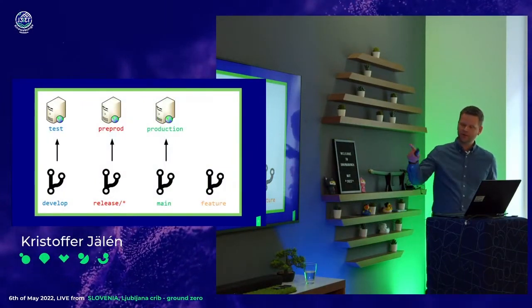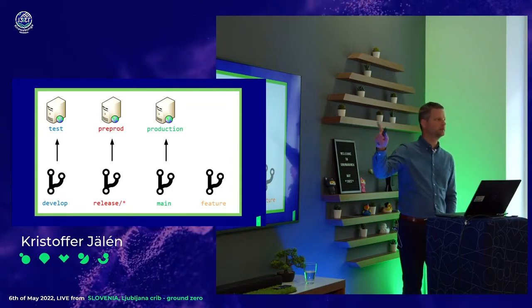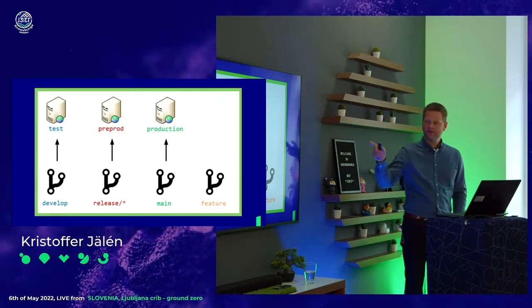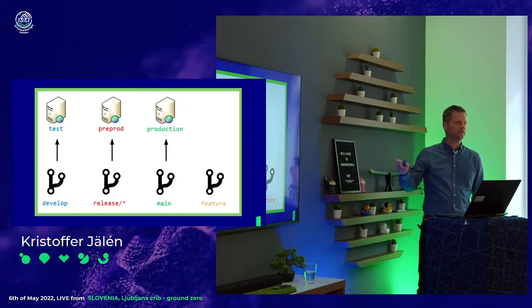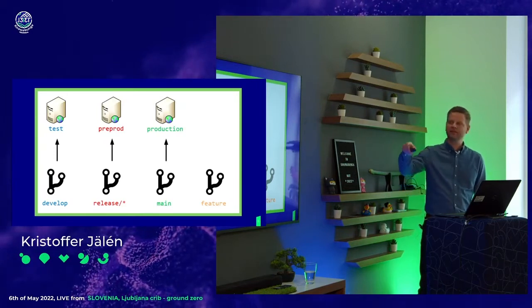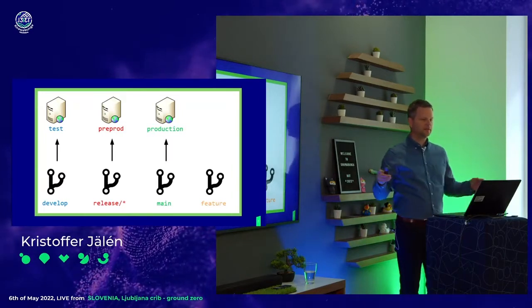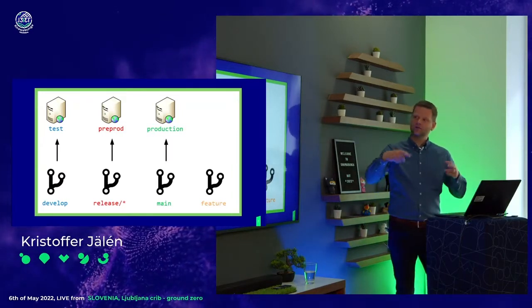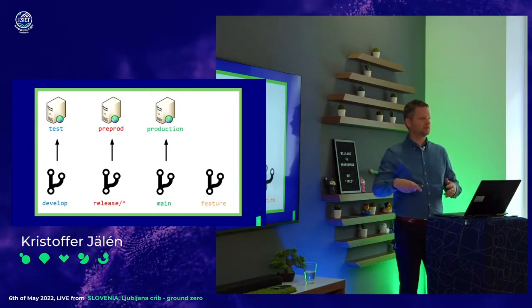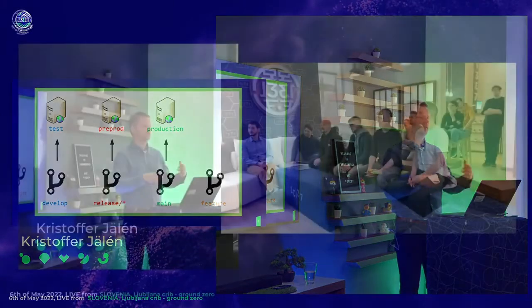And as a consequence, since we only had this one single test environment, all the features that developers were working on had to be tested in the same environment. And in order to not overwrite each other's code, of course, everything has to be merged to the same branch, right? So that's the develop branch. It could also be named test. Maybe a little bit confusing, but it's called develop, and it's merged into test.